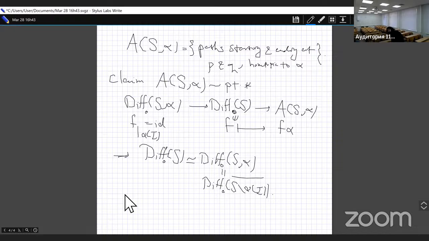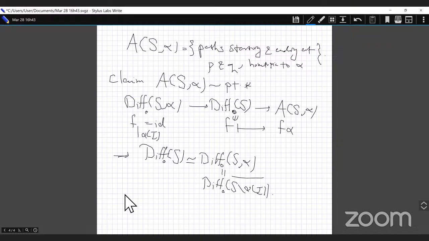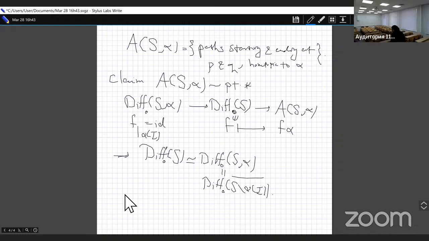Then Diff S alpha, meaning the space of all diffeomorphisms which fix alpha pointwise, is the same as Diff of S cut along alpha. Except there are more boundary components, but all our diffeomorphisms are assumed to be the identity on the boundary, so it makes sense.